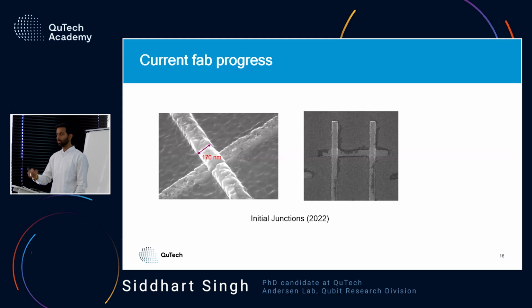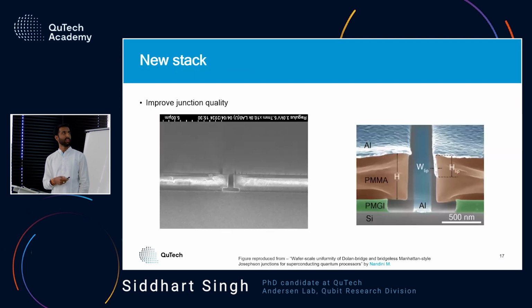And I tried to solve these problems. With a lot of help from different people, and Anand and Mathve especially, what I was able to do was improve the junction quality over time.